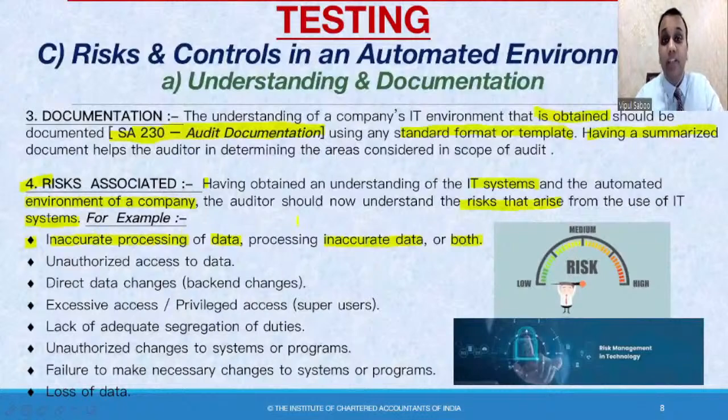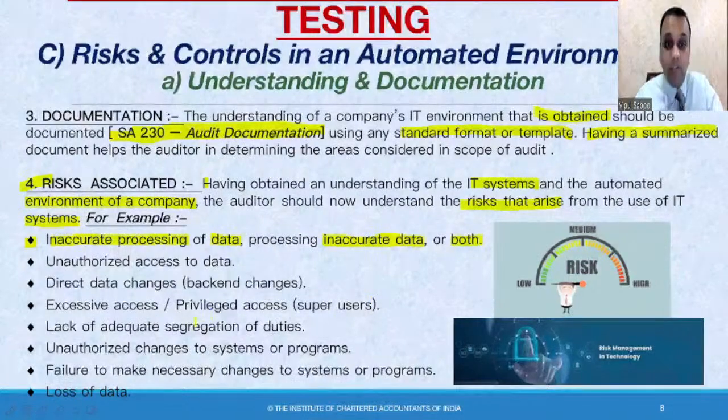Although I'm taking a very light example, to understand the concept, we need to take such a light example. And the second case, processing inaccurate data. So when we are adding 3 plus 2, instead it should have been 3 plus 3. It is 3 plus 2. It is giving us the right result 5, but the data is wrong.